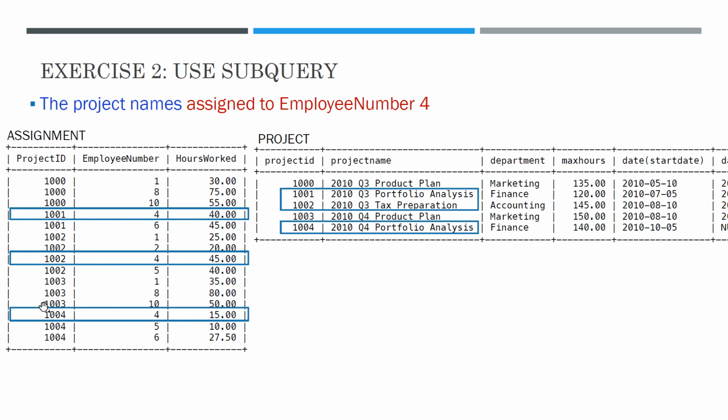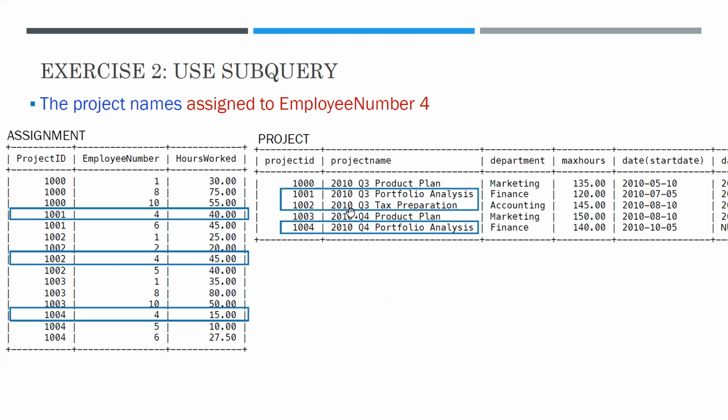Once it gets these project IDs, 1001, 1002, 1004, it will now go to the project table to select the project names that have these IDs. 1001 has 2010 Q3 portfolio analysis. 1002 has 2010 Q3 tax preparation. And 1004 has 2010 Q3 portfolio analysis.